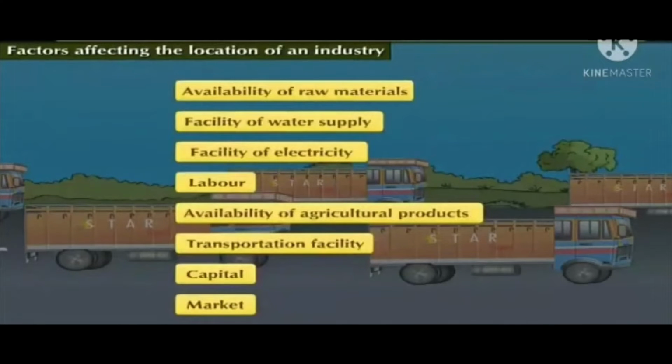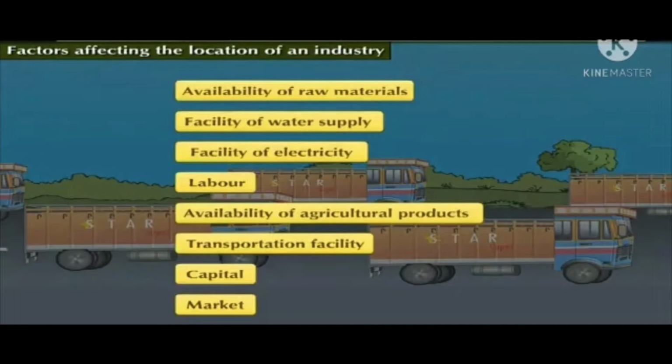Now, for setting up an industry, there are some factors which are affecting the location of an industries. Some factors are availability of raw materials, facility of water supply, facility of electricity, labor, availability of agriculture products, transportation facility, capital, and market.